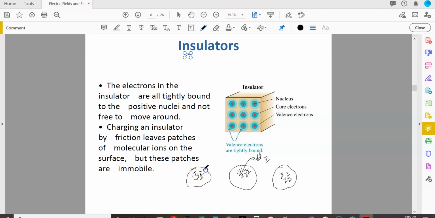So now electrons are surrounding this area, and they want to go to this patch and fill in these holes, but they can't because these electrons are also stuck where they are on this insulator.